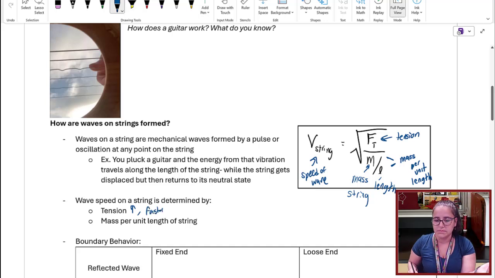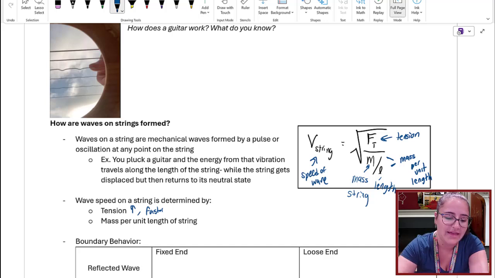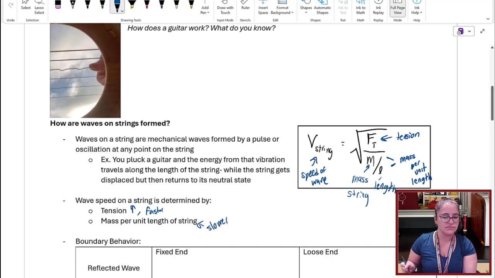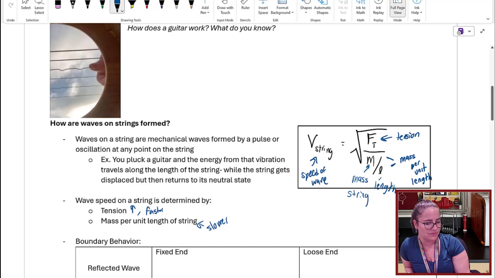And then the mass per unit length is on the bottom of that equation. So if you have a bigger mass per unit length, you got more particles you got to move around, okay? That's going to make it slower. Okay, cool?